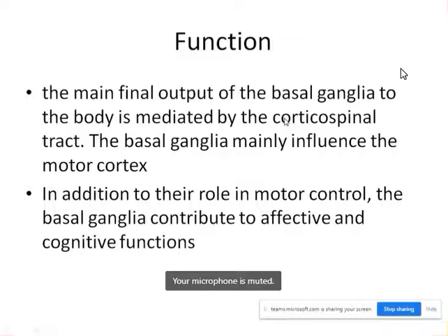The motor area gives the information to the corticospinal tract, and that will influence the movement. So the output of the basal ganglia is mediated by the corticospinal tract. The basal ganglia mainly influence the motor cortex.